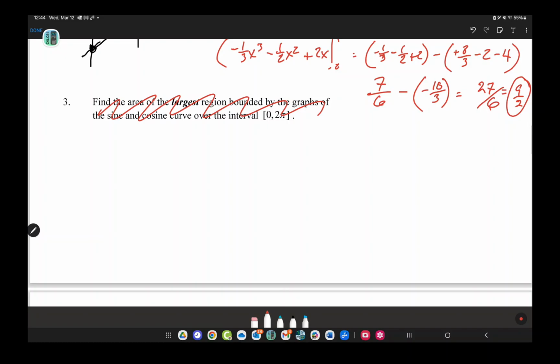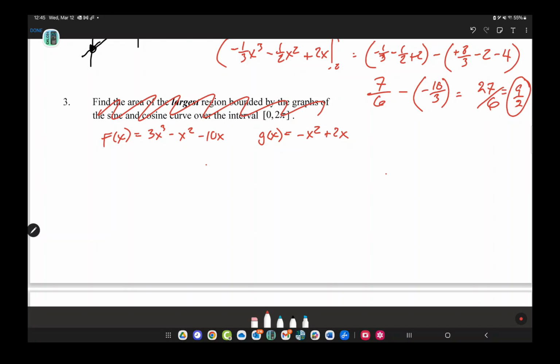What I want to do is find the area between the graphs of f of x equals 3x cubed minus x squared minus 10x, and g of x equals negative x squared plus 2x. All right.